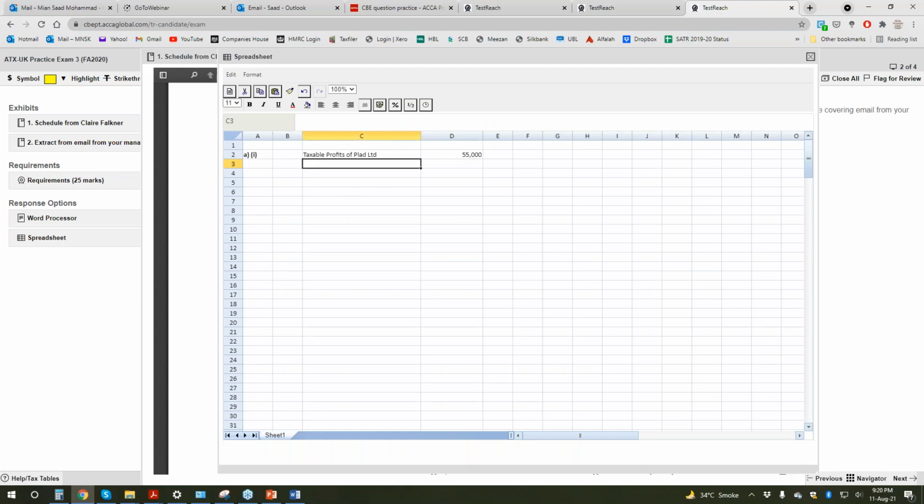Now, less group relief, but I haven't calculated it.